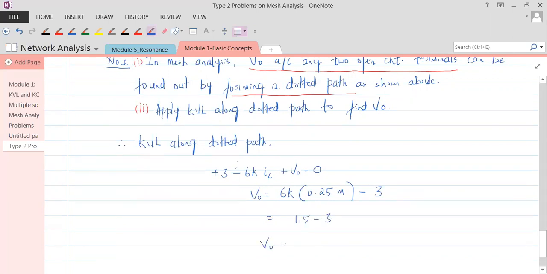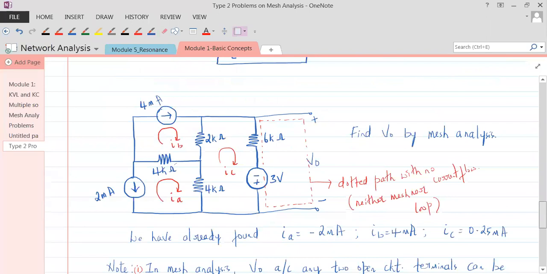So V0 would be minus 1.5 volts. So this is how we find out the voltage across the open circuit terminals. Understand that, everybody? This is how we find out the voltage across the open circuit terminals.